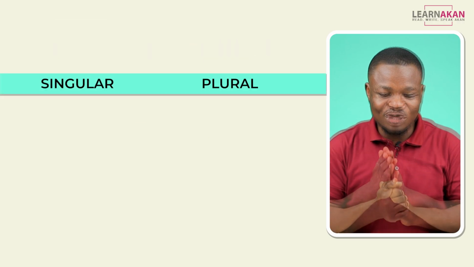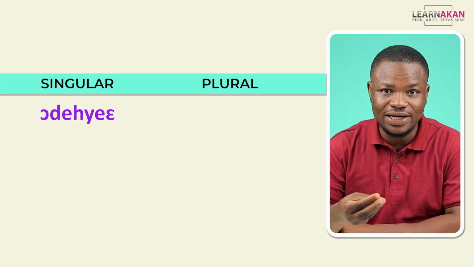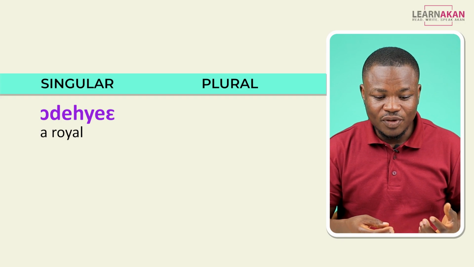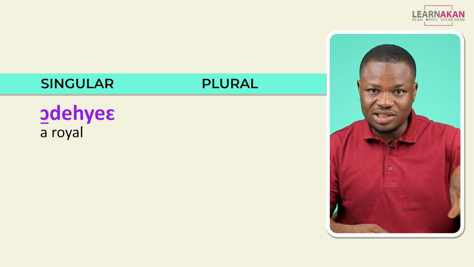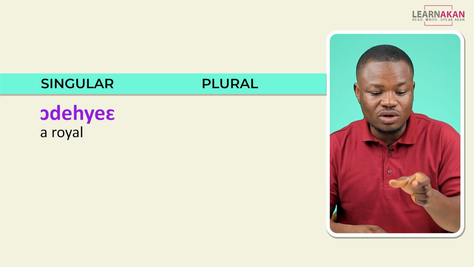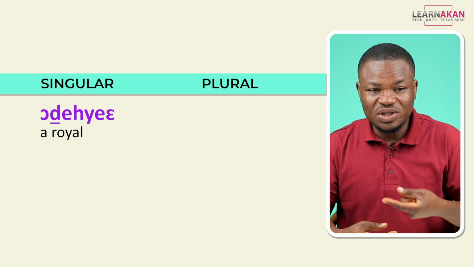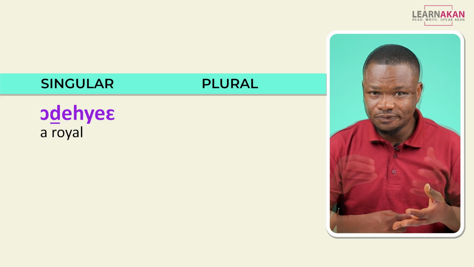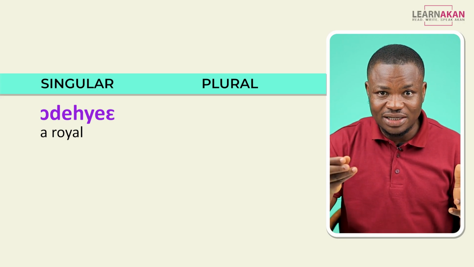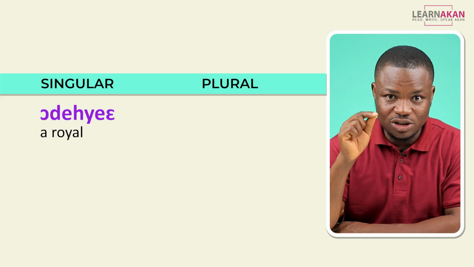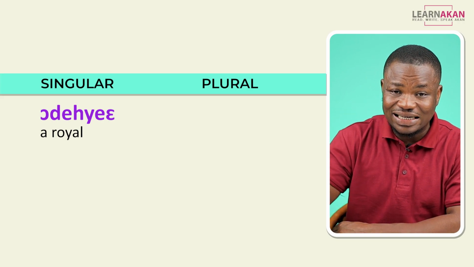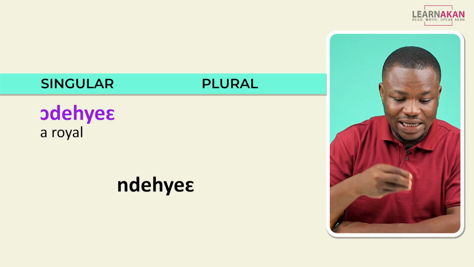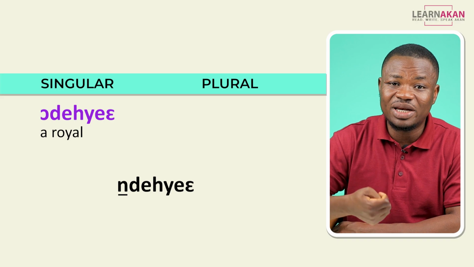Let's see some examples. For the first one, we have auditia, and auditia is a royal, all right? Here you don't consider the initial vowel, you consider the initial consonant, which is d, which is neither b, p, nor f. So if we were to apply the pattern that we have learned for this particular category, we would have attached n in front and would have had indicia, and then the n would have gone on to assimilate the d.